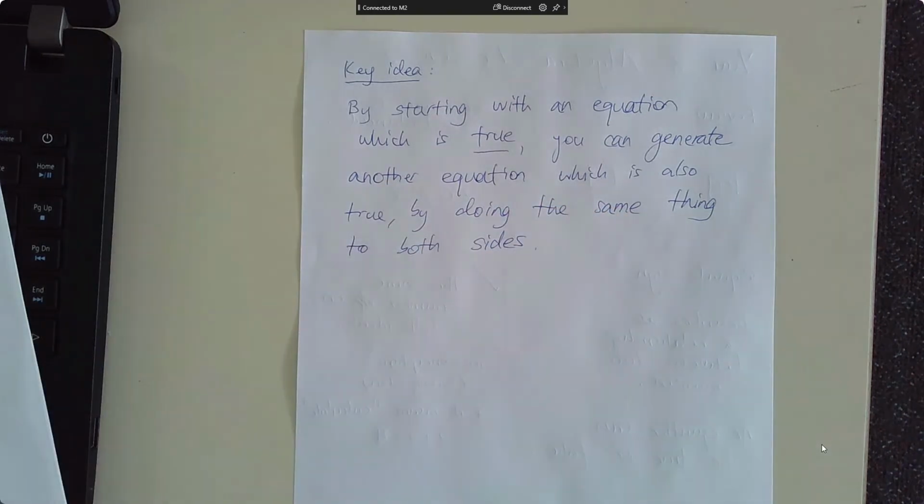So for example, you could choose to add a number to both sides, you could choose to subtract, you could choose to times, you could choose to divide.